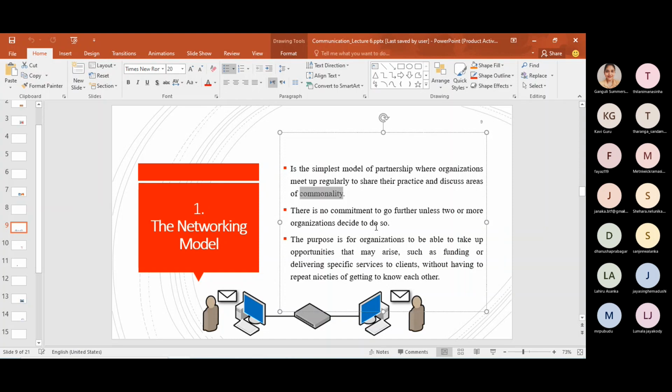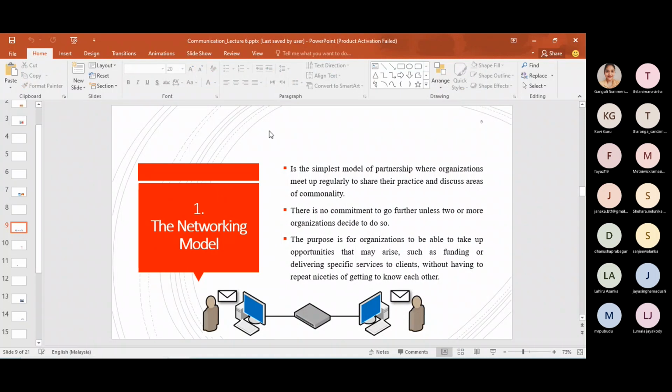For example, if we take four organizations, organization A, B, C, and D, getting into a networking model, these 4 organizations will meet up on a regular basis and discuss the similar areas that all these 4 organizations have. That is the nature of the networking model.